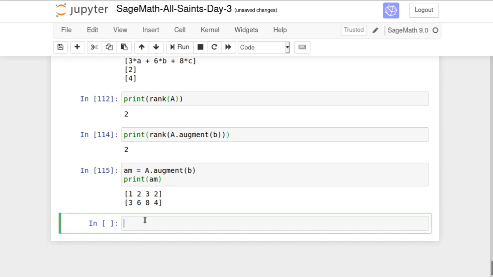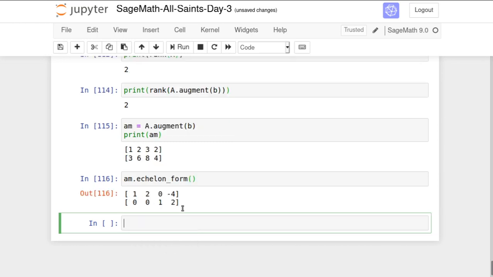Now I'm going to row reduce this using the command echelon form, AM dot echelon form. I'm getting this: 1 2 0 minus 4, 0 0 1 2. So how do we interpret this?